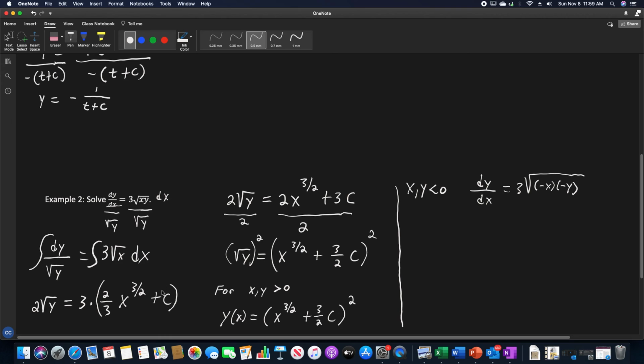That does slightly change by putting a negative in front of both x and y throughout this equation, but when we get down to our solution at the end, we get y of x is equal to negative x to the 3/2 power plus 3/2 c, and this would be squared. So the only difference it would make is just these extra negatives inside of it. But those are two examples using separation of variables within differential equations. Thank you.